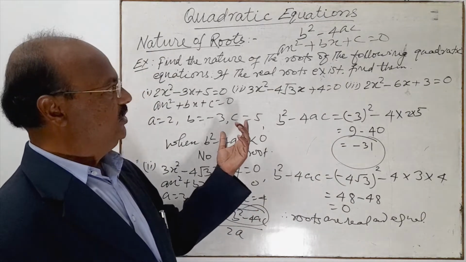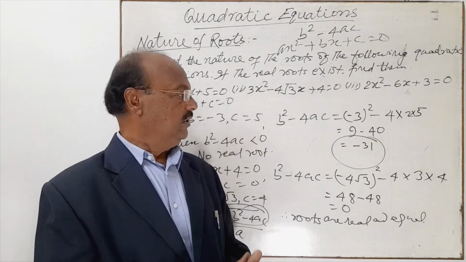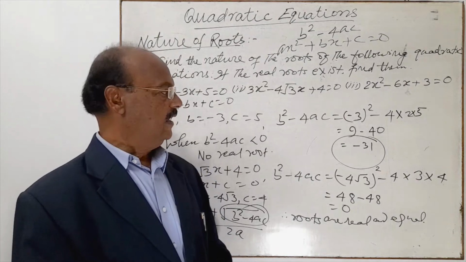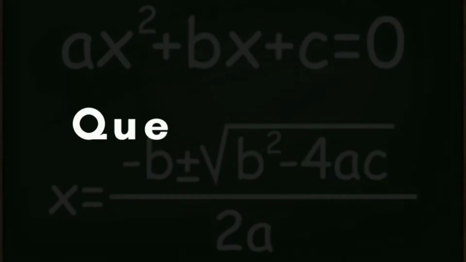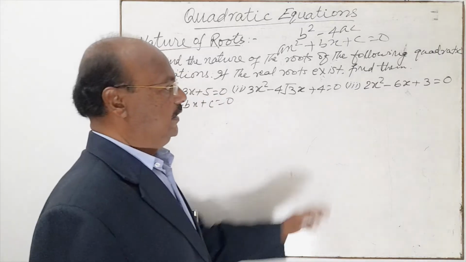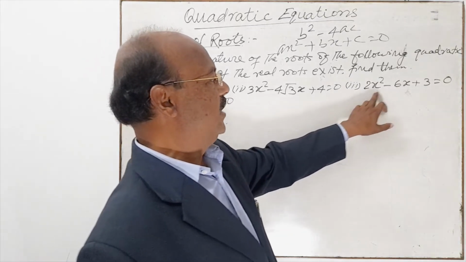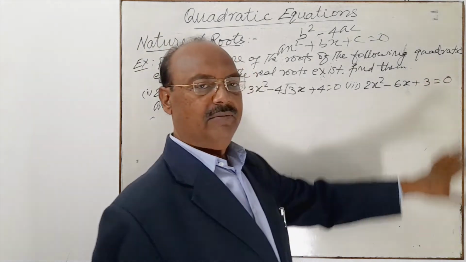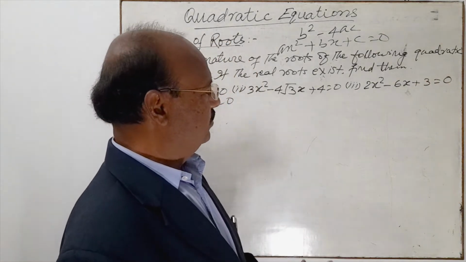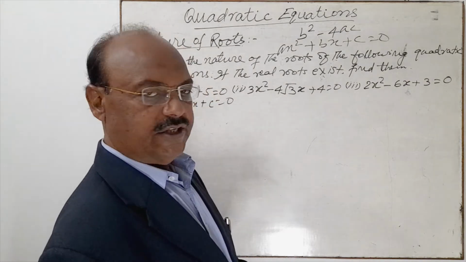In this question, we are discussing only about nature of roots. Correct? Now, let us see this third question. And here this third question is 2x square minus 6x plus 3 is equal to 0. So now you have understood what is the method, what is the process to find the nature of roots.